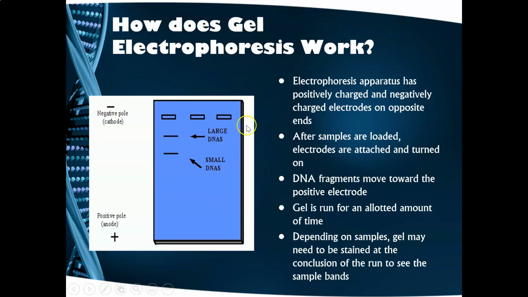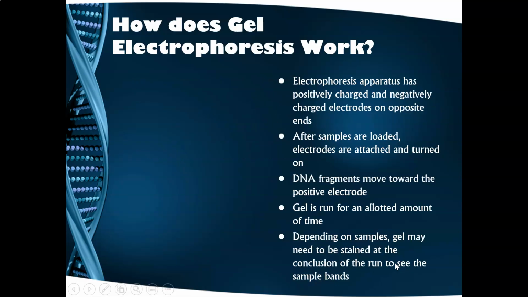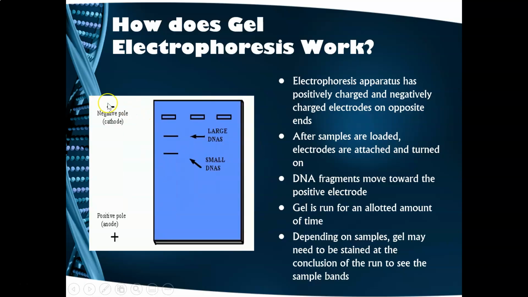So we're going to load our DNA samples on the same side as that negative charge that we're putting in here. So, right, if you go back here, I'm going to put that negative electrode here, positive electrode here. And that's exactly what you're seeing here. So here's the negative charge, positive charge.